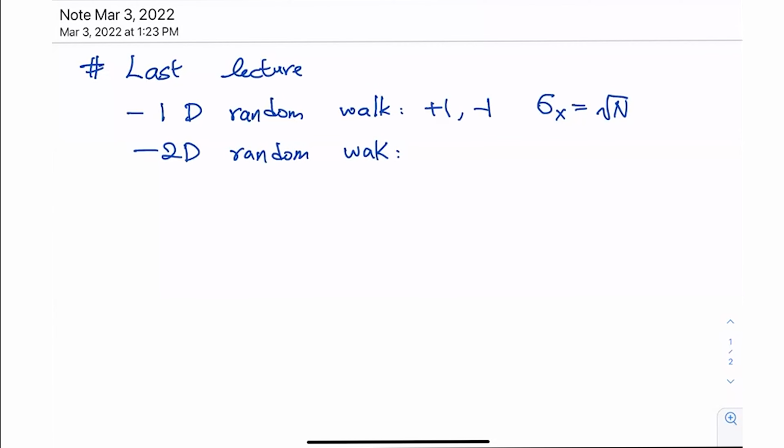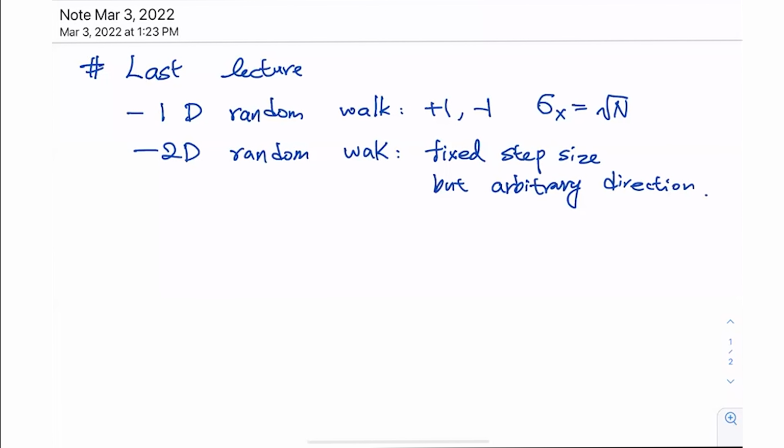In this 2D random walk situation, we have a very similar setting, but instead of moving forwards or backwards, we allow the drunkard to move in an arbitrary direction, but with the restriction that each step size is a fixed value. So fixed step size, but the drunkard can choose an arbitrary random direction.